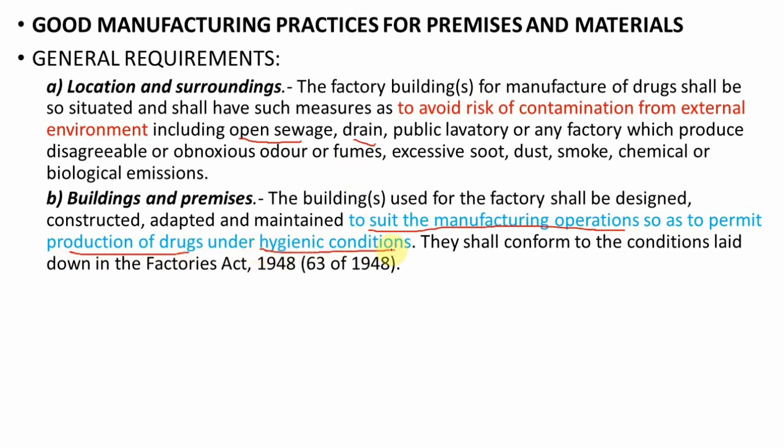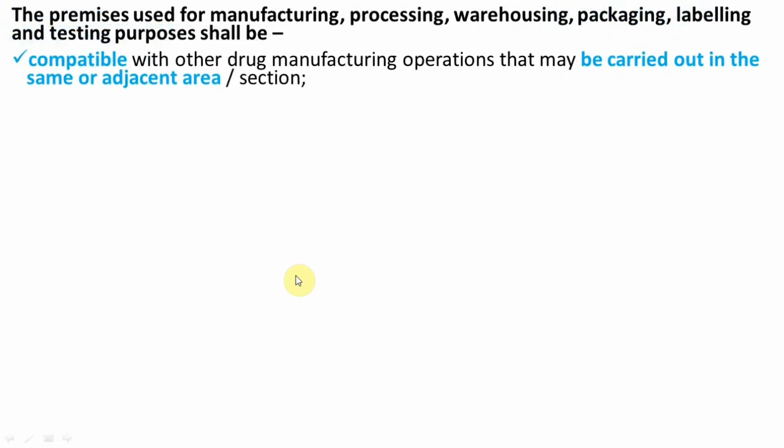They shall conform to the conditions laid down in the Factories Act 1948. Next, the premises used for the manufacturing, processing, warehousing, packaging, labeling and testing purposes shall be compatible with other drug manufacturing operations that may be carried out in the same or adjacent area or section.